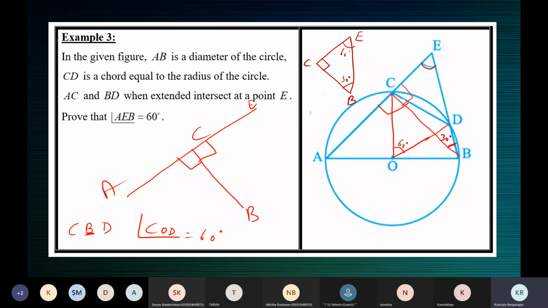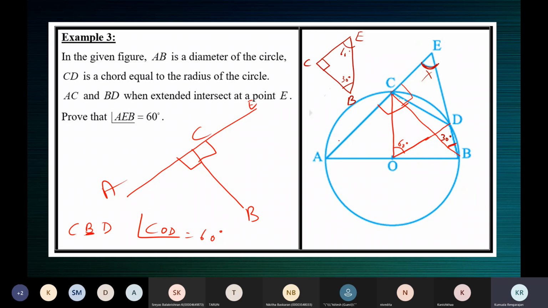This is CEB, or it's also AEB. This angle you can call by different names. You can call it CED, CEB, AED, AEB. This angle can be called by many names.